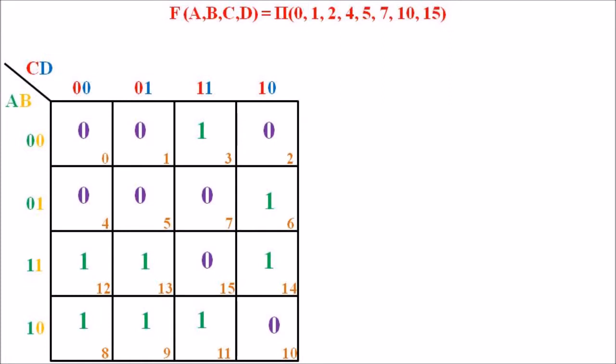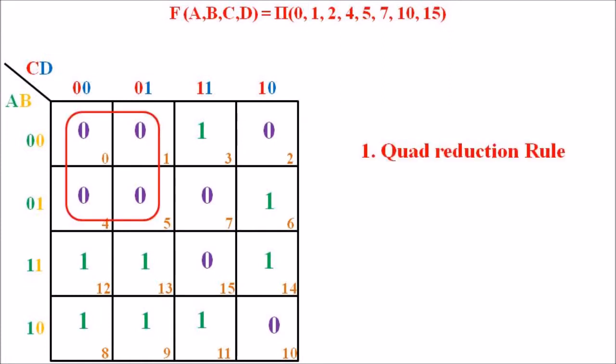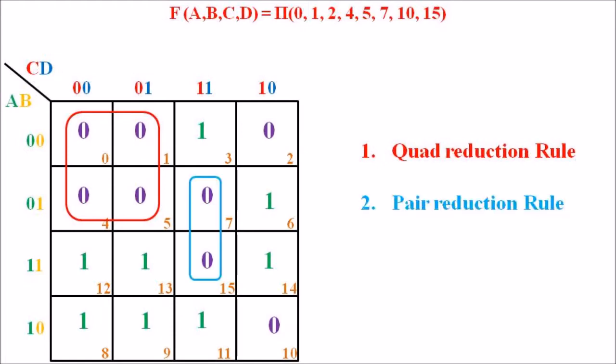While analyzing this K-map, firstly we have to group these cells by applying the quad reduction rule for the cells 0, 1, 4, and 5. When applying the quad reduction, we can group the cells 0, 1, 4, and 5, and this grouping is marked in red color. Secondly, we can pair the cells 7 and 15, and this pair is marked with blue color.